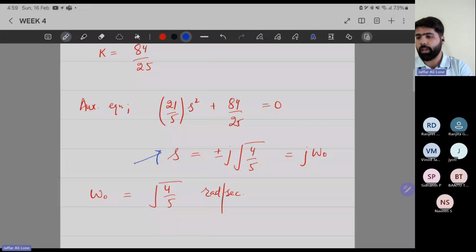Here, from the stable system, they want us to make it marginally stable by taking a particular value of gain K. Then it will oscillate around the equilibrium point, with frequency 4/5 radians per second.